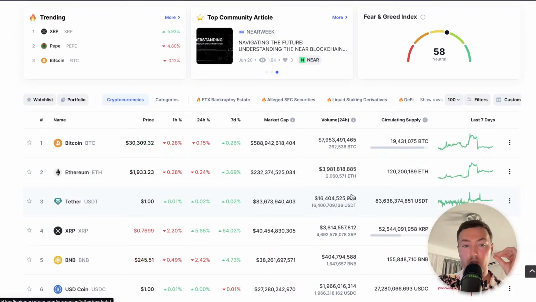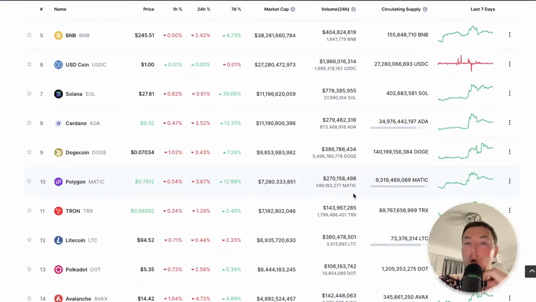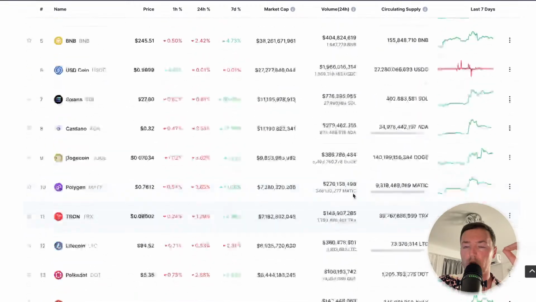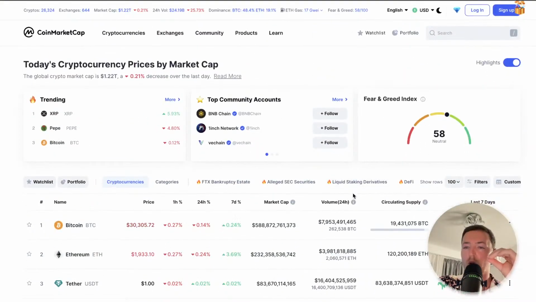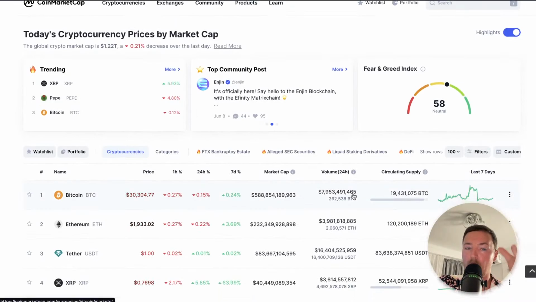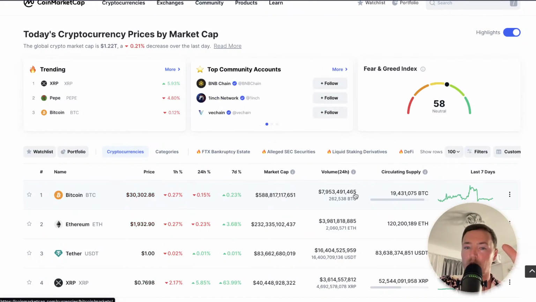But we've also seen meme coin mania. We've seen meme coins pump to the moon on their own while the rest of the market did nothing. That's another part of my thesis, that a specific coin can run on its own without the rest of the market, because we've seen it already this year a few times.